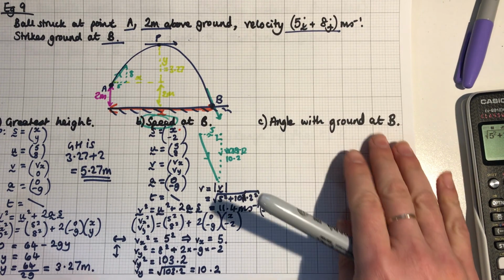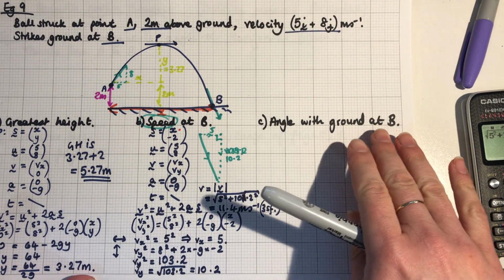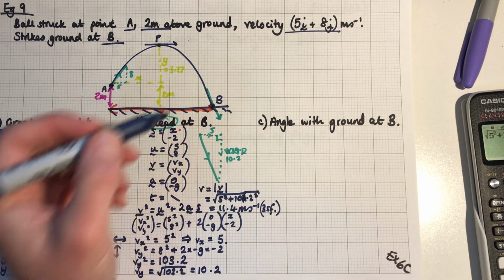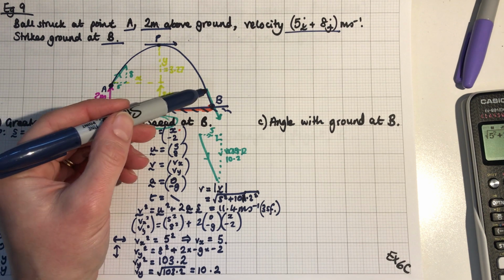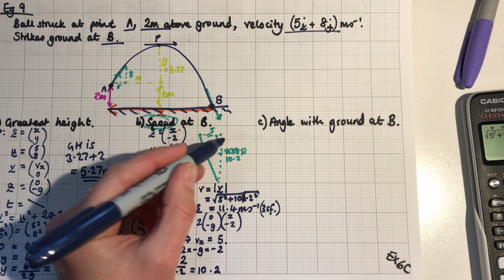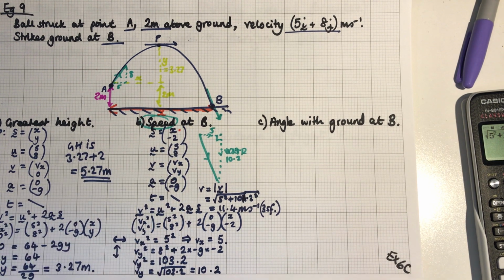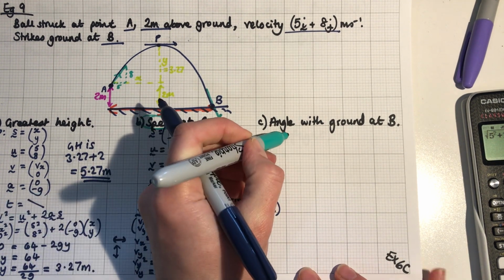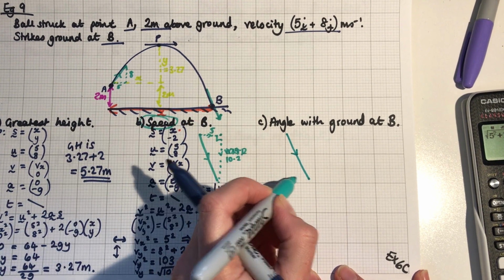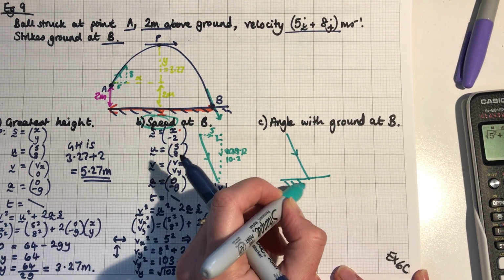It wants us to work out the angle that the ball makes with the ground when it hits at B. Now we're still thinking about the velocity here because it's the velocity that describes how it's moving. So we're still using this little diagram that I've done here. I'm going to draw it out again for this part because as it comes into the ground, here's the ground for you.